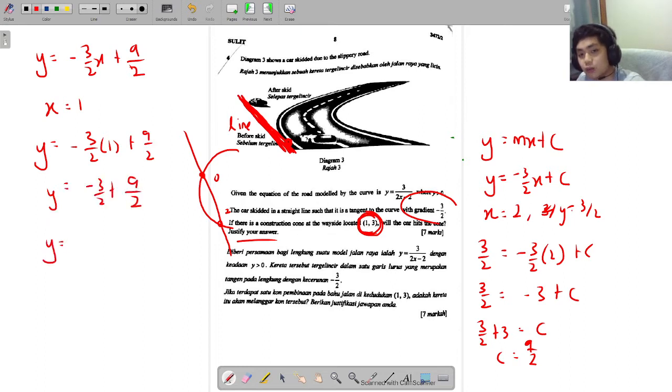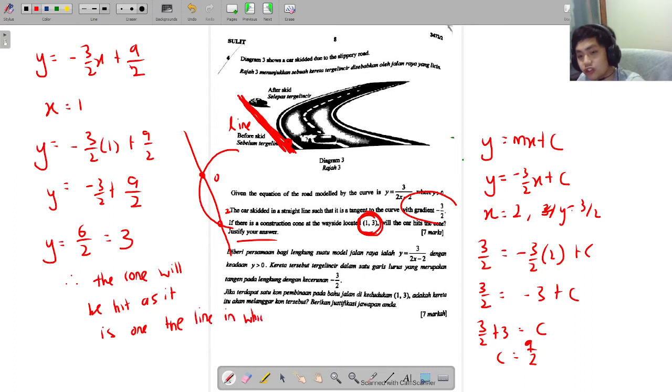And we can see that y equals 6 over 2, which is equal to 3. Therefore, the cone will be hit as it is on the line in which the car skids. Right? So this is justified.